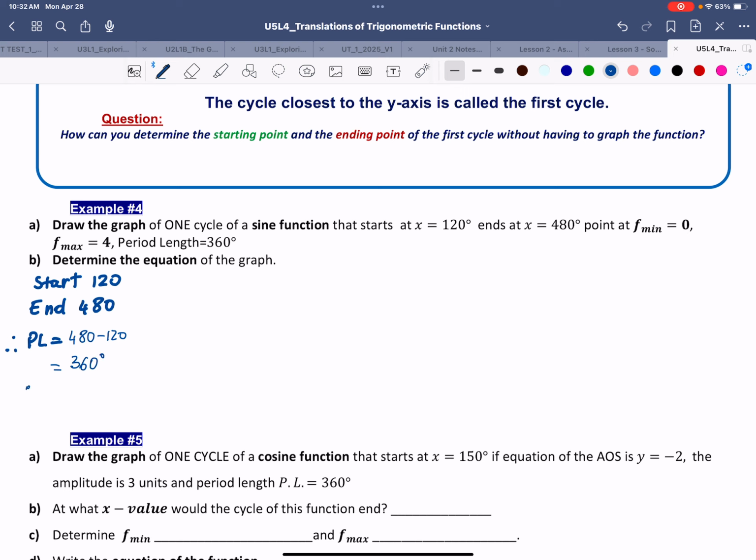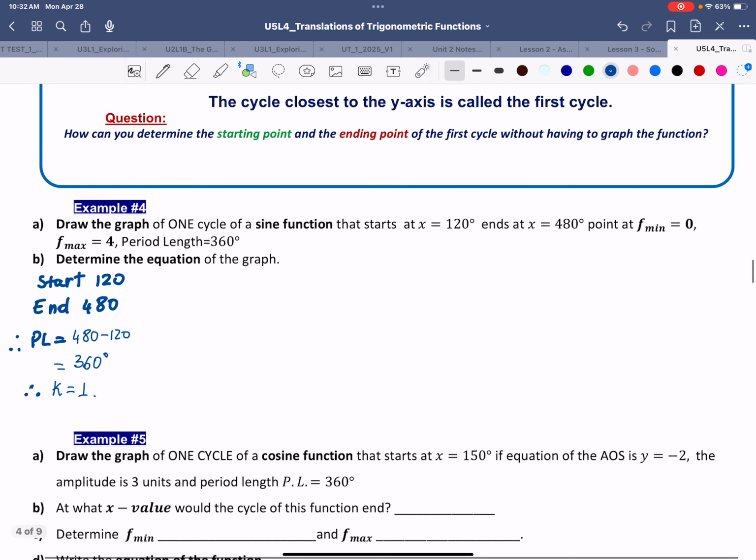So that tells us that there are no horizontal stretches, which means that the coefficient k must be equal to 1. So when you draw the graph of this function, you're going to need to draw the y-axis somewhere in the middle, leaving a little bit of room for the positive values of x.